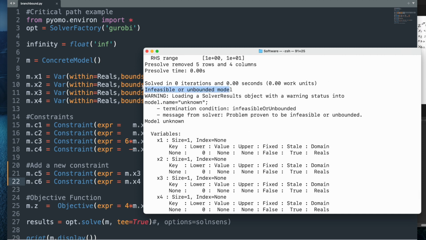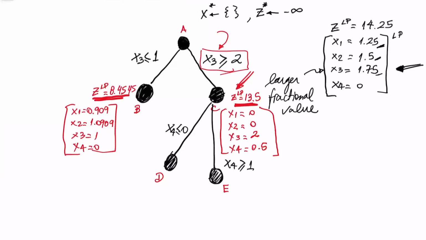It's saying that our model is infeasible. So we saw that this problem is infeasible. And that means that we can fathom that node and we don't need to continue it below, right? Because we're not able to find a solution for the LP relaxation. That means that we also cannot find a solution for the integer programming problem.